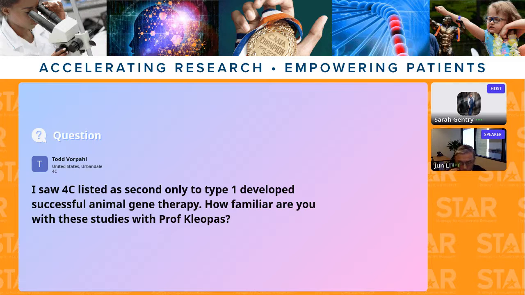The study from Dr. Cleopas, I heard from his presentation. It basically uses a gene therapy, a viral vector, to bring the gene back to the peripheral nerve, an approach similar to what I described for CMT4J. It has achieved some degree of success in animal models, but I have not seen it fully translated to the clinical setting yet.